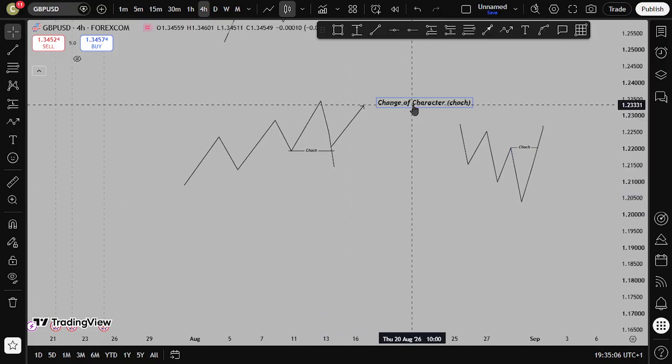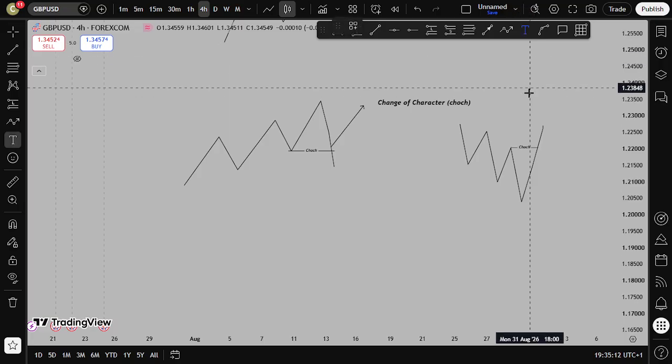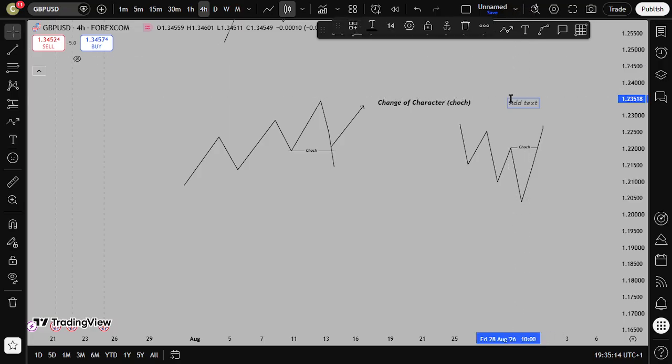So there's another term used for change of character, and that is what we call market structure shifts, which is known as MSS.